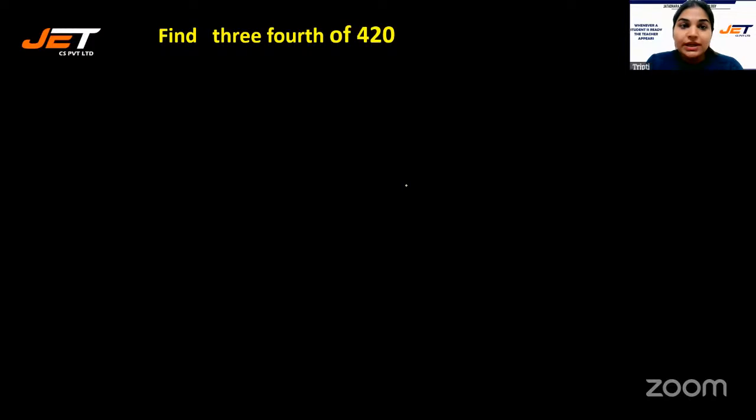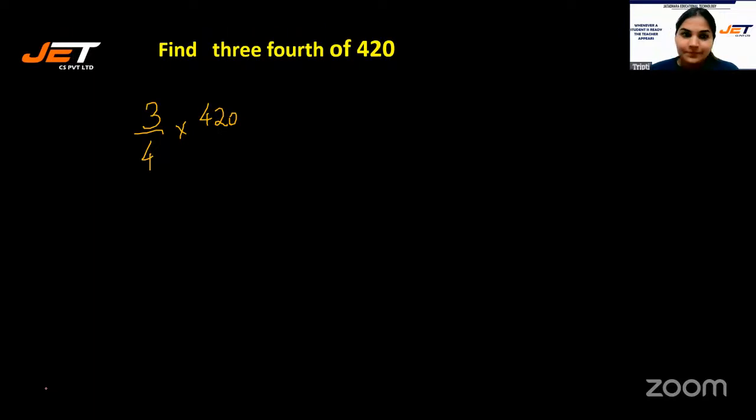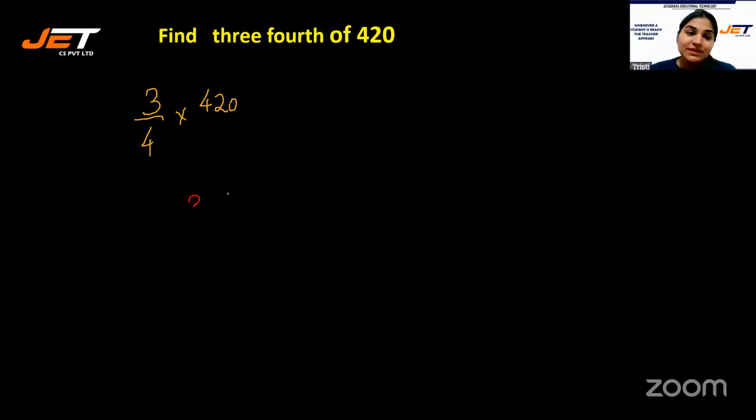Next question. 3/4 of 420. That means 3 times 420, in the denominator 4. Do it. How will you do it? 3 times what?